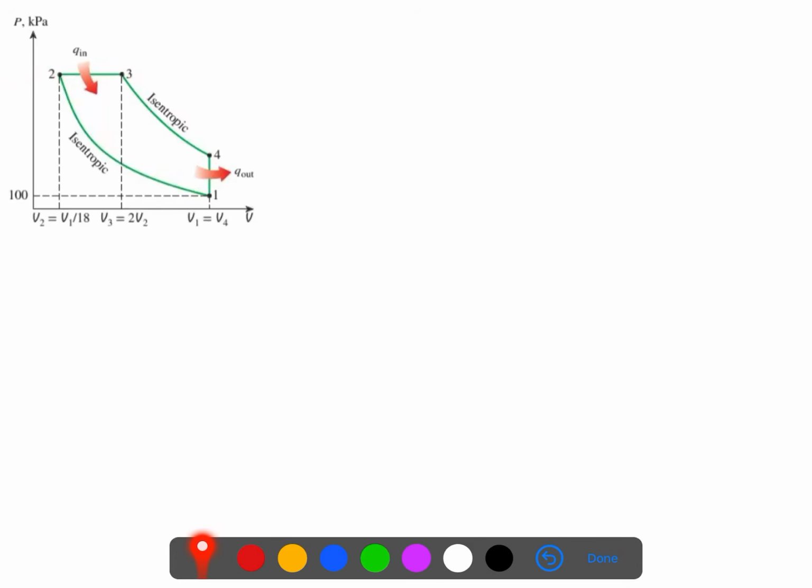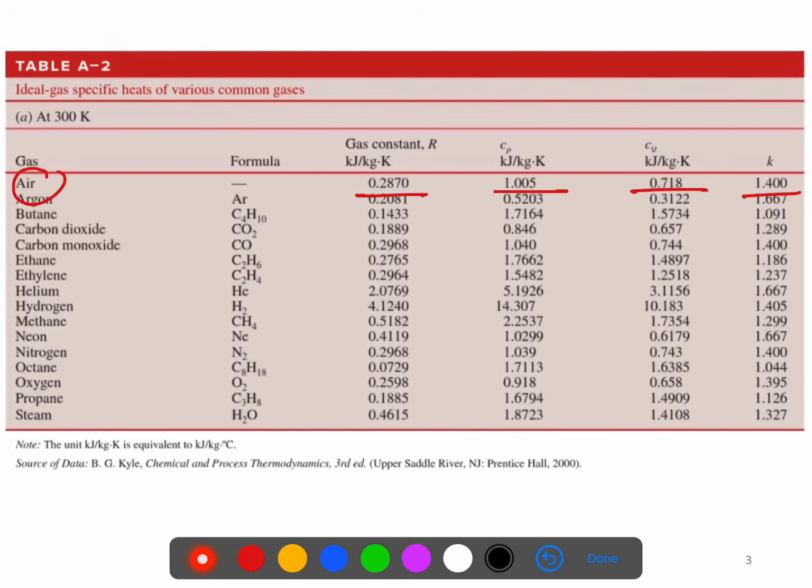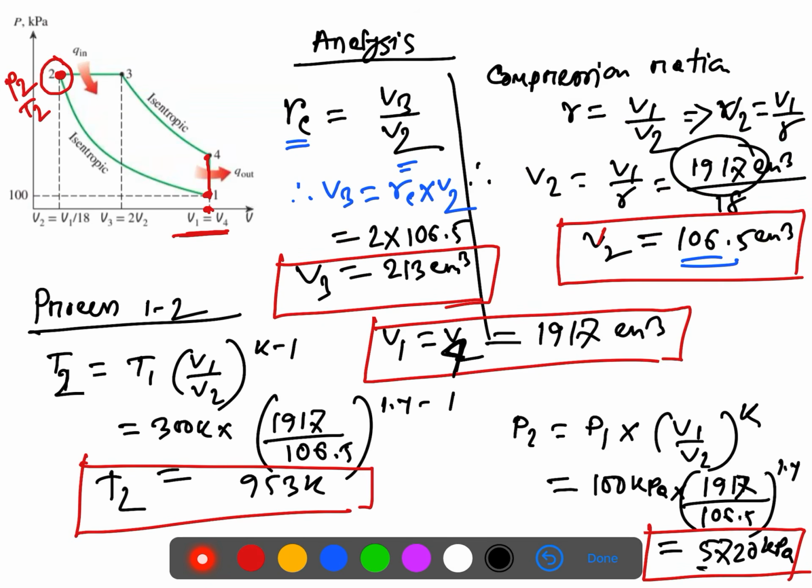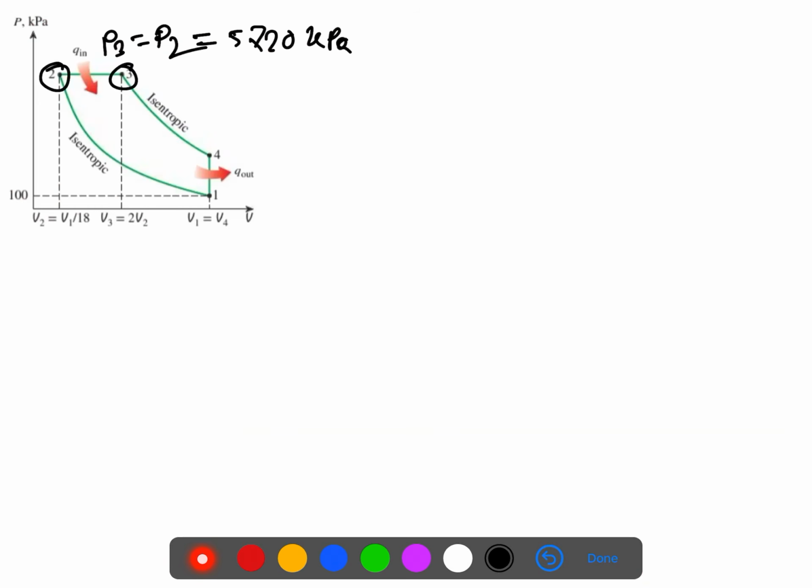So for constant pressure heat addition of an ideal gas, P3 and P2 are the same, with no pressure change. We already know P2, so P3 will be the same as P2, which is 5720 kPa. We calculated it in the previous calculation. So that means we got P3. But now we need to calculate T3.